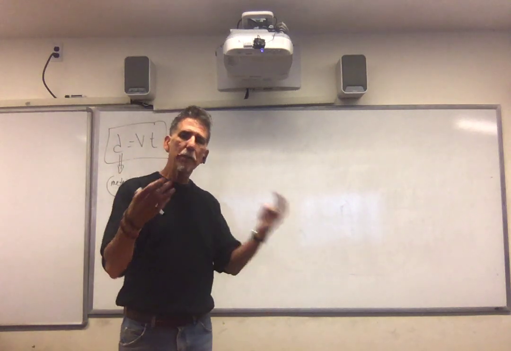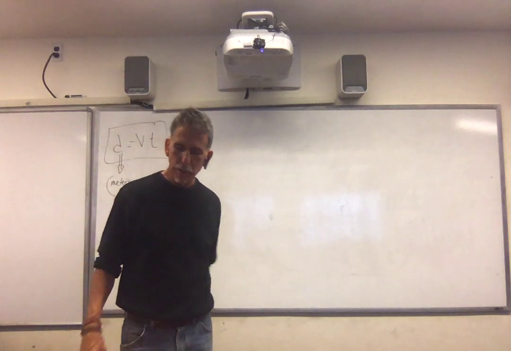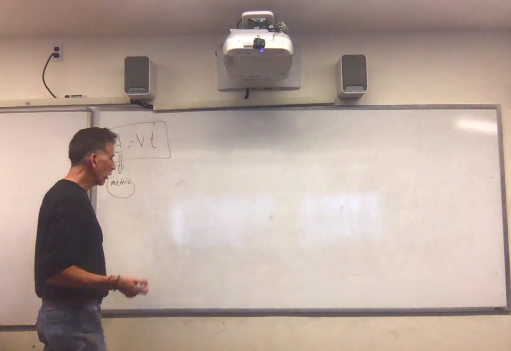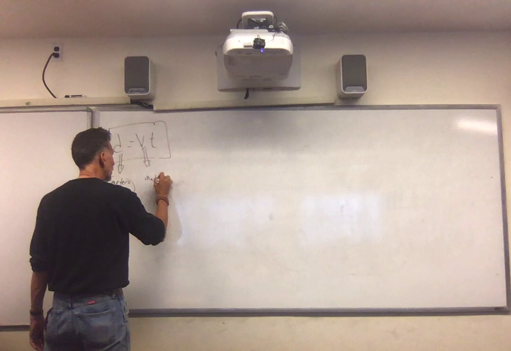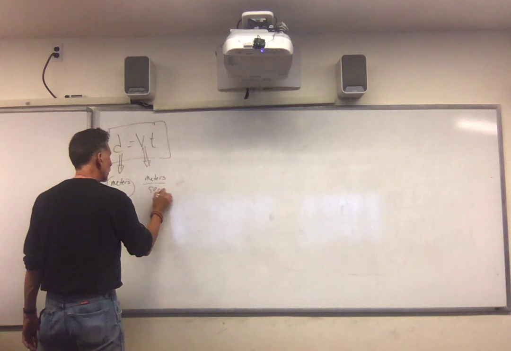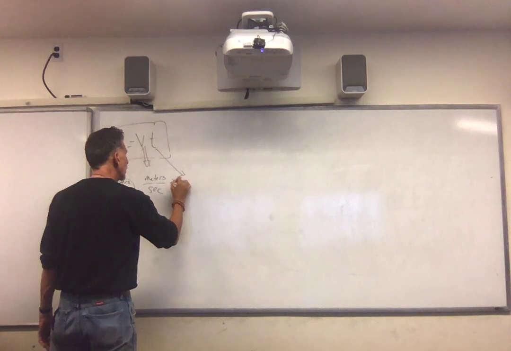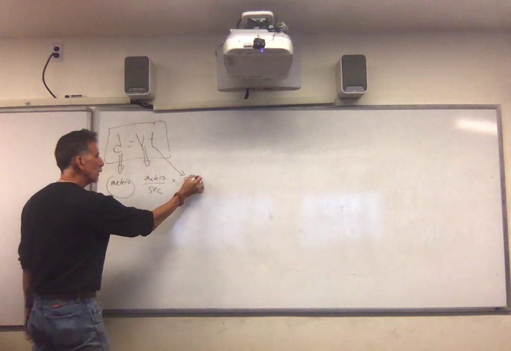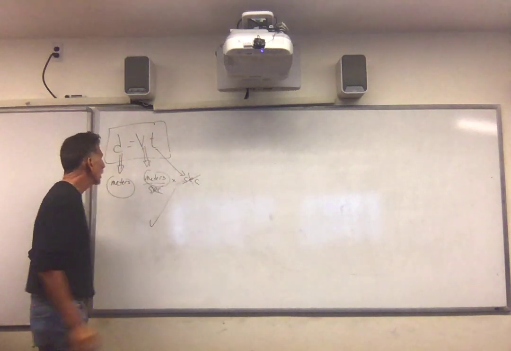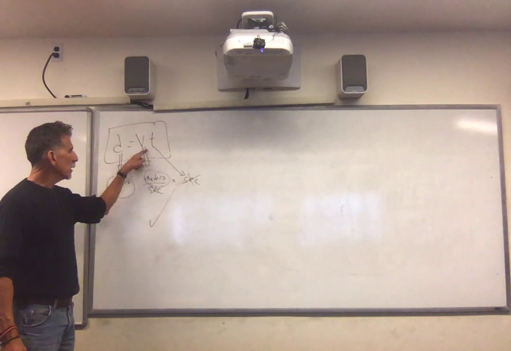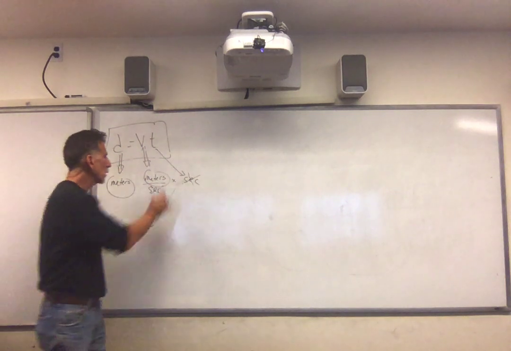You can only have things equal to each other if they have the same units, right? Apples and oranges, etc. V, remember, was meters per second. Time was in seconds. So when you cancel the seconds, you end up with meters. Fantastic. Meters per second times seconds gives meters. Everything's good.